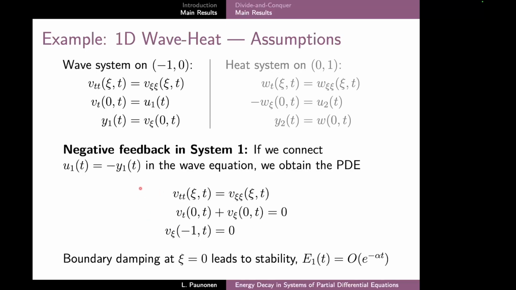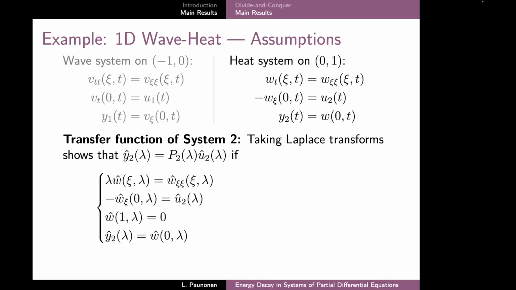And this boundary condition, in fact, has an interpretation as a boundary damping in the wave equation. And this kind of a wave equation is understood very well, and in particular, this system is stable in such a way that the energy of all the solutions of the equation decay at a uniform exponential rate. So from the wave part of our system, our conditions are satisfied.